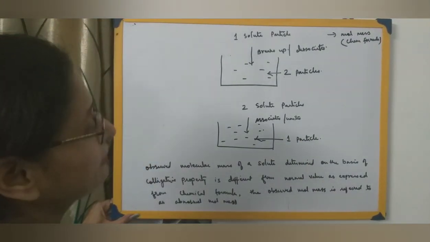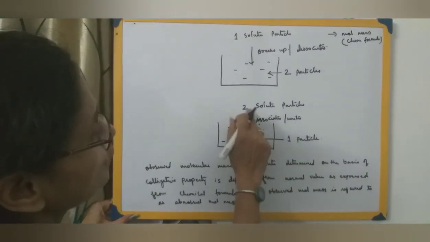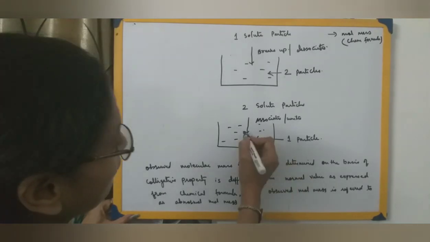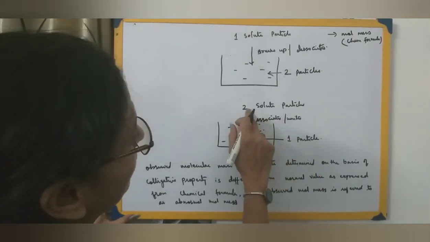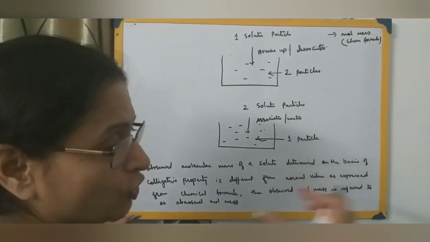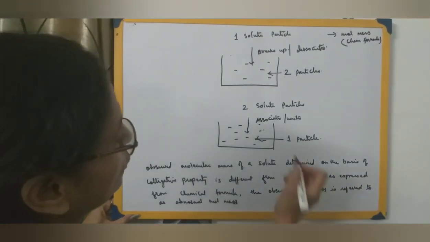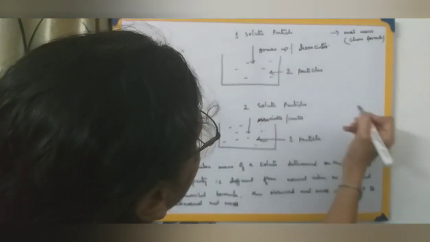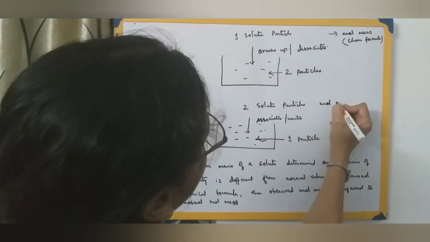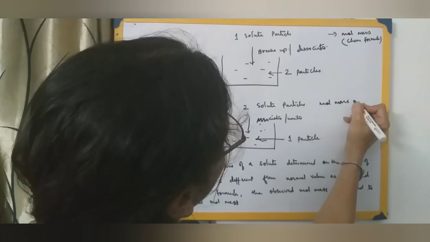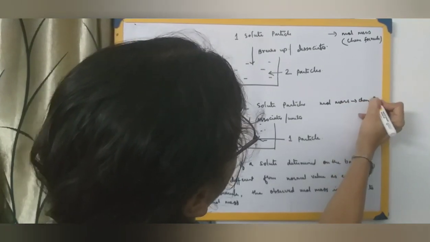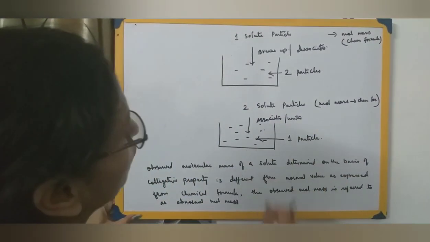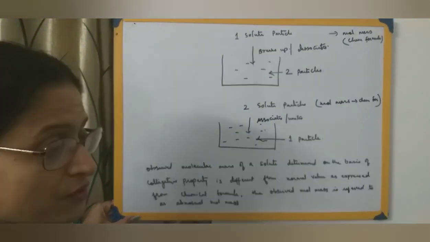At the same time, it sometimes so happens that you have two solute particles and you put them into a solvent, and after going into the solvent, both the solute particles, which are the same, unite or associate and form one particle. So here also, if you find the molecular mass depending on the chemical formula, this molecular mass will not be the same as the molecular mass calculated on the basis of the colligative property.